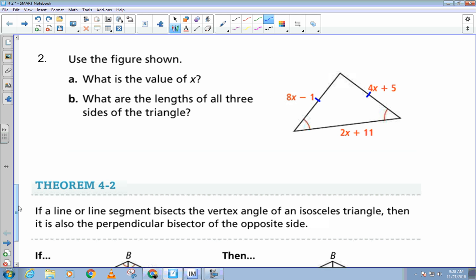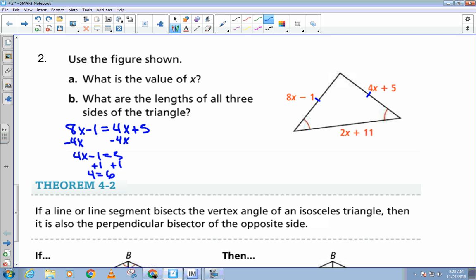So to find x, I'm going to set those two sides equal to each other. And I'm going to solve for x. So subtract 4x from both sides. 4x minus 1 equals 5. And then add 1 to both sides.